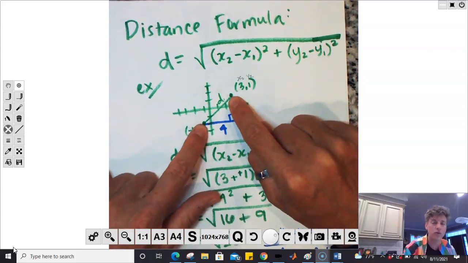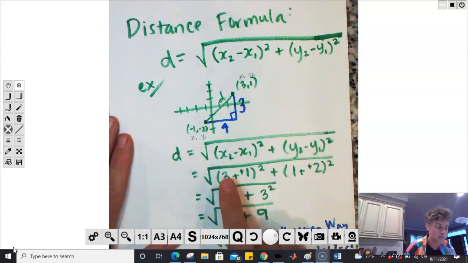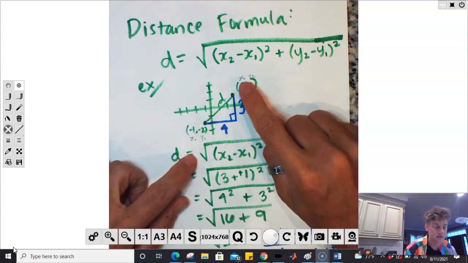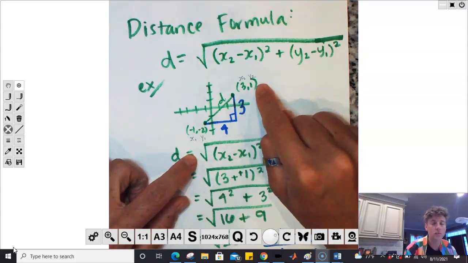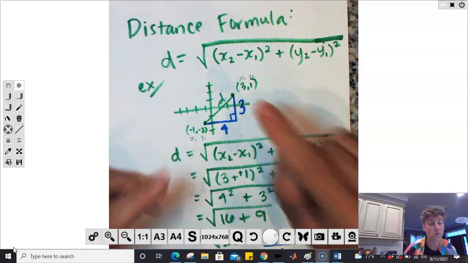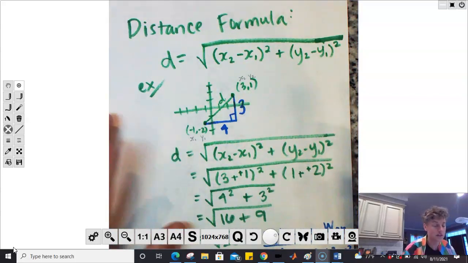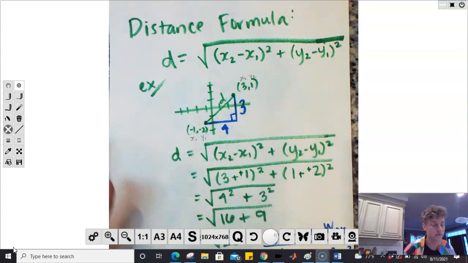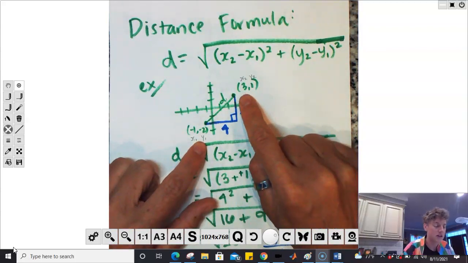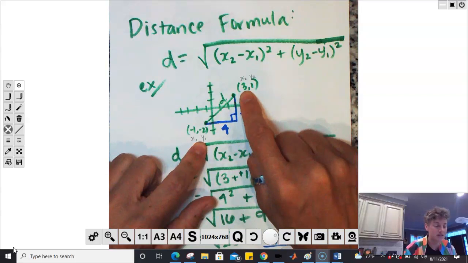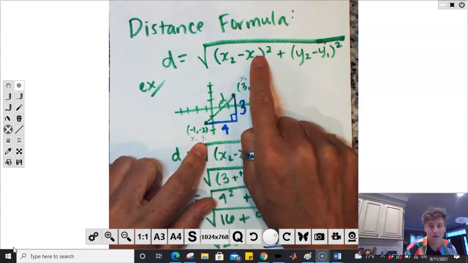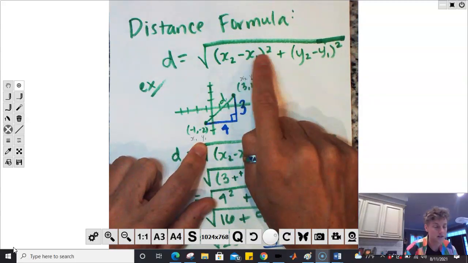I gave you 2 points. We decided that the point with the larger numbers was the second point. It won't matter if you've done these in the opposite direction. It was just a personal preference for me to have the bigger number be the second number because we're doing subtraction here.